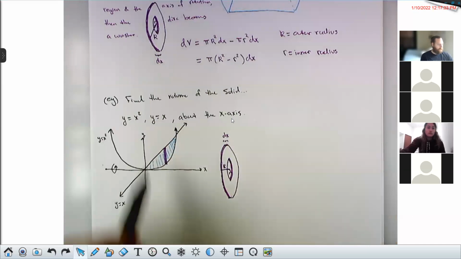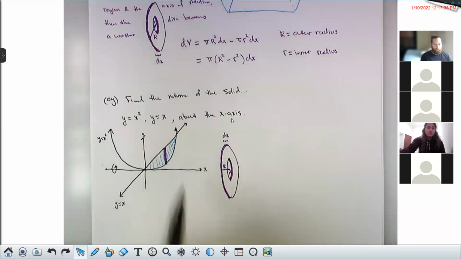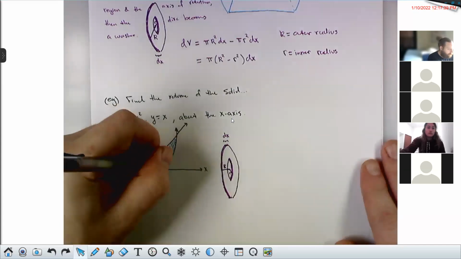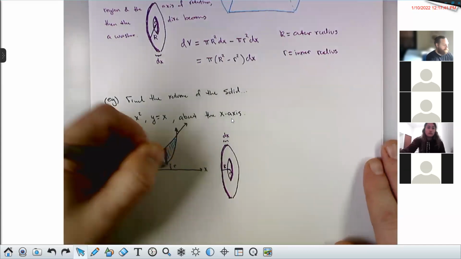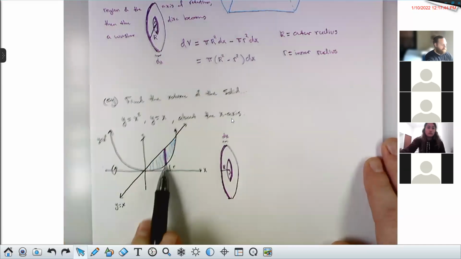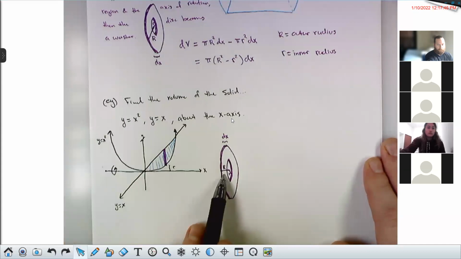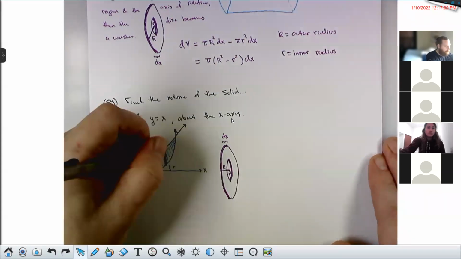We can come back to our 2D picture here and label the little radius and the big radius. Here's the little radius, right? The gap here is what gives the gap here. And here's my big radius.